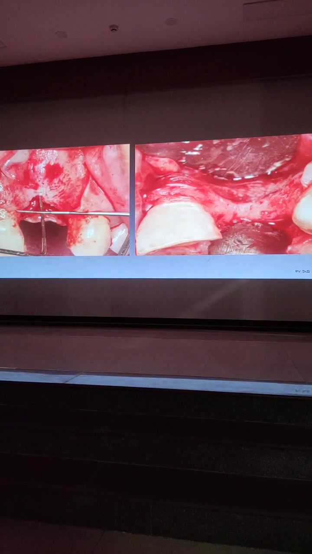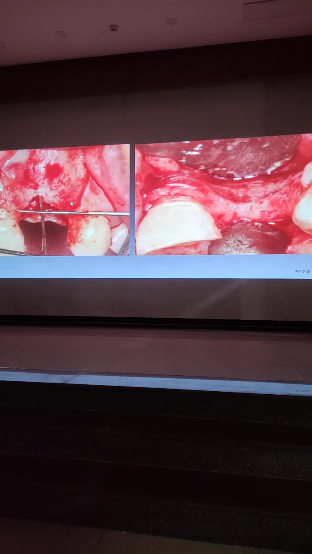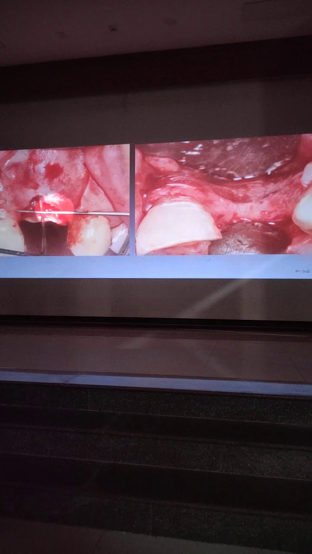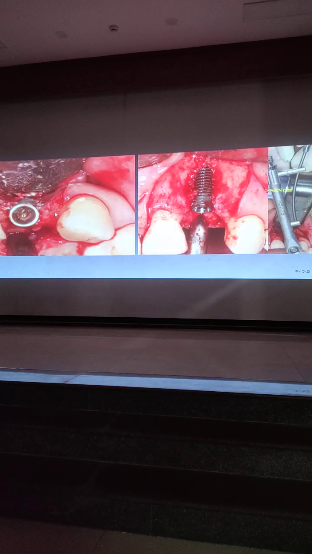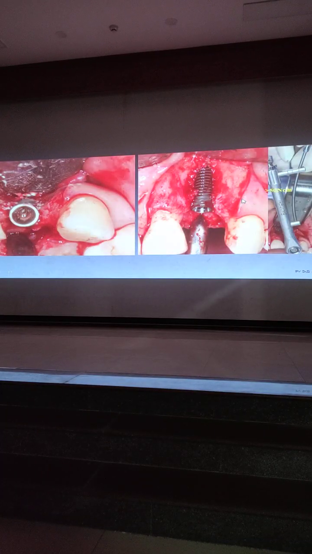The defect is a horizontal defect with minor vertical deficiency. So the implant was placed, and only the apical 3 mm of the implant was engaged in the bone, but the initial stability was perfect, more than 50 newtons here.